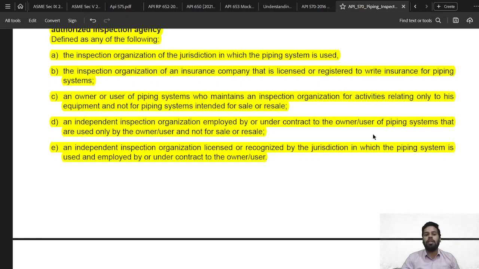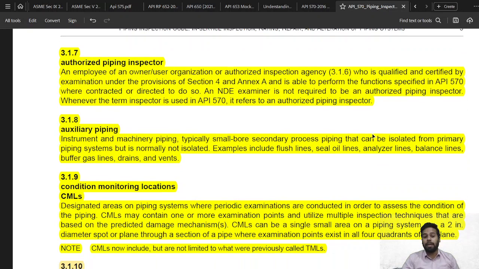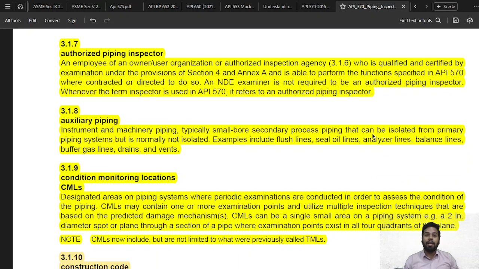Next is an authorized piping inspector. Who is an authorized piping inspector? In simple terms, an inspector who has an API 570 certificate is an authorized piping inspector. An employee of an owner-user organization or an employee of the authorized inspection agency who is qualified and certified by examination under the provisions of Section 4, Annex A is able to perform the functions specified in API 570, where contracted or directed to do so.